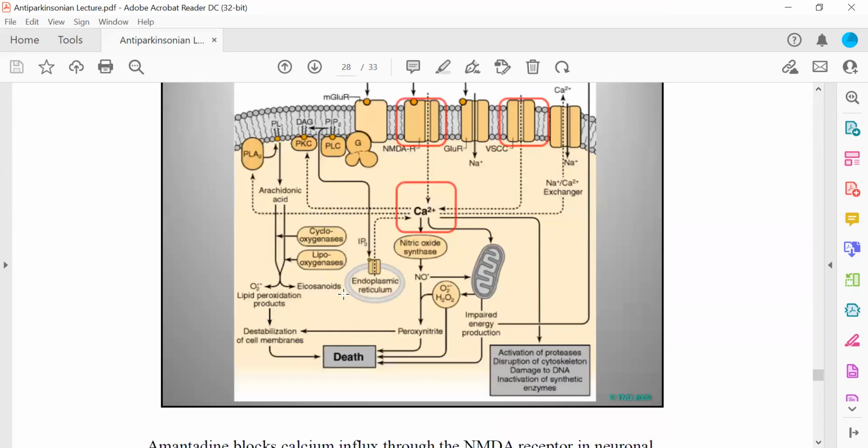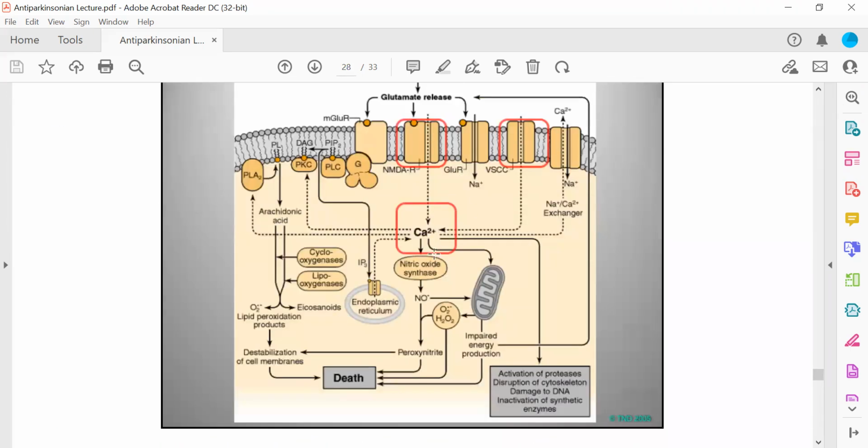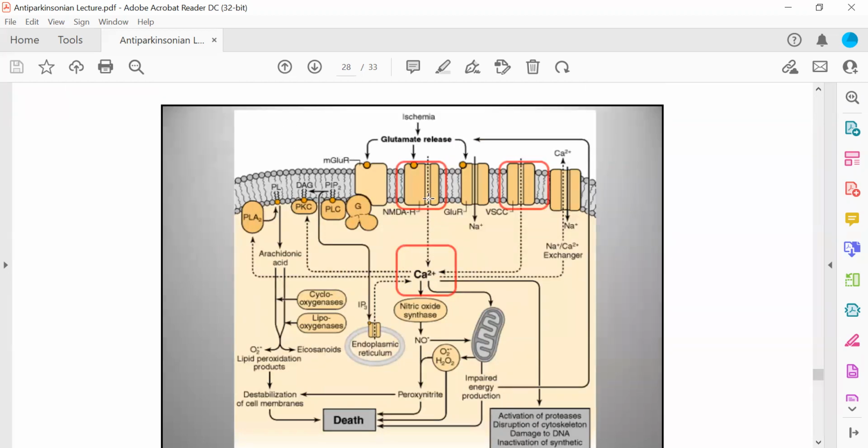The way that amantadine and memantine work is that they block a receptor in the central nervous system in our cells, known as the NMDA receptor, the N-methyl D-aspartate receptor. And this receptor gets activated during neurodegeneration. So if you are prone to neurodegenerative disorders like Parkinson's or Alzheimer's disease, there is a massive increase in glutamate in the brain.